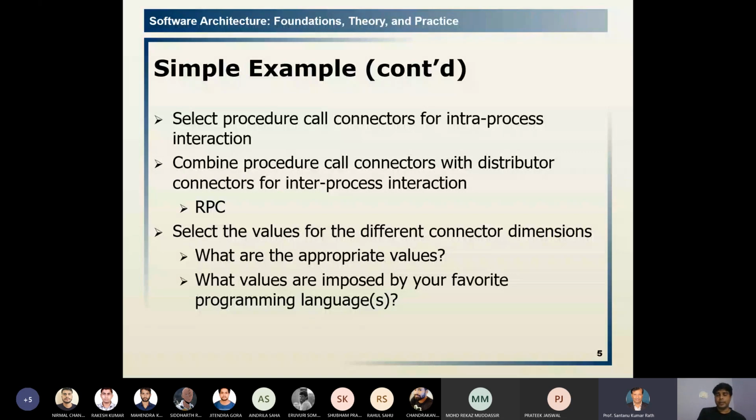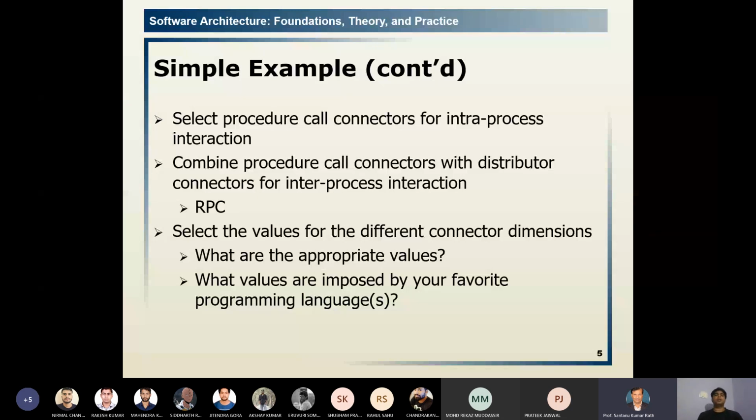If we go for any inter-process interaction, then what to do? We have to combine the procedure call connectors with the distributor connectors. And that is the main role of any RPC, remote procedure call. That will help to interact with the different components, the inter-process interaction.